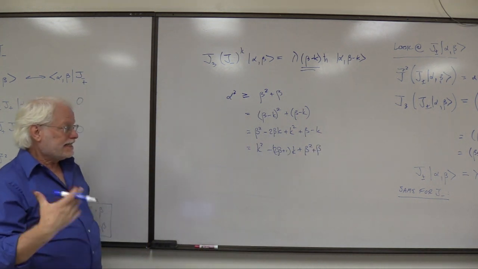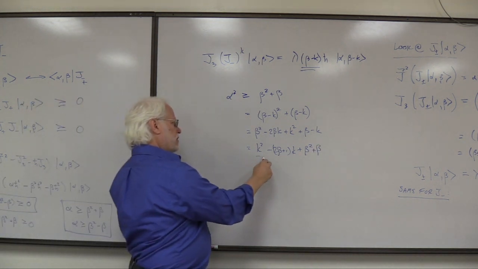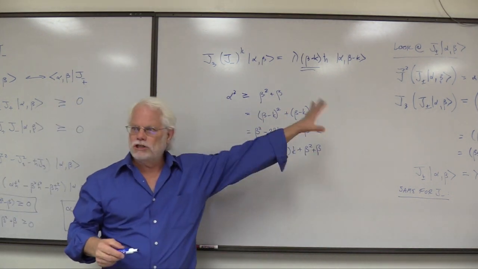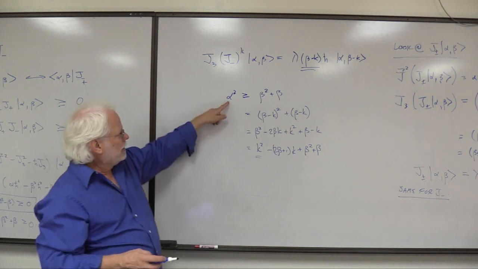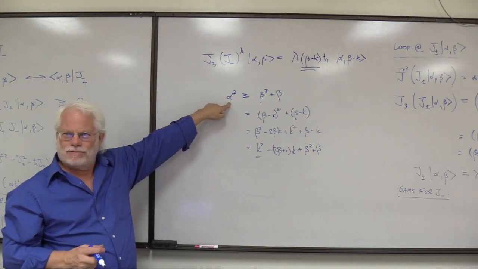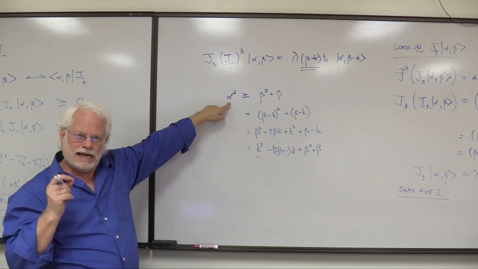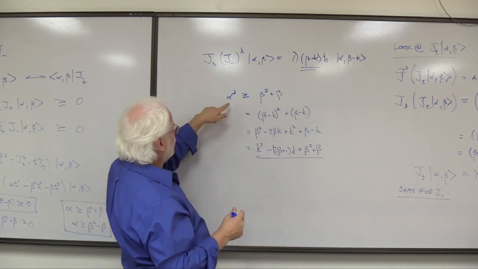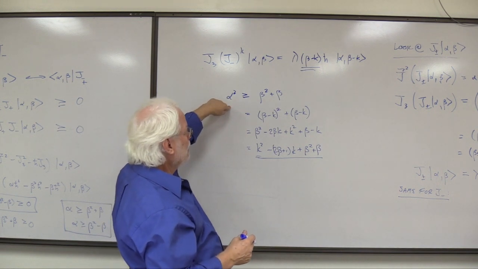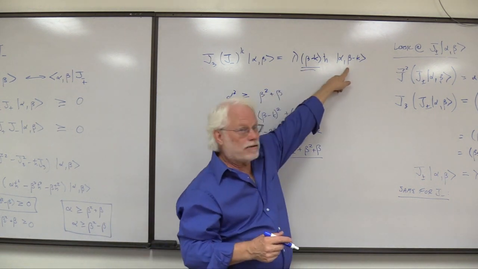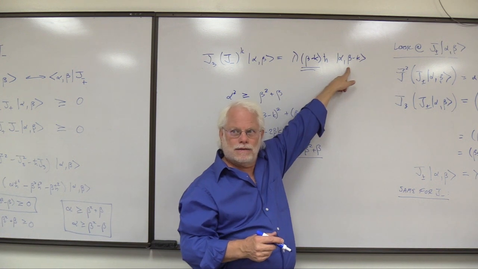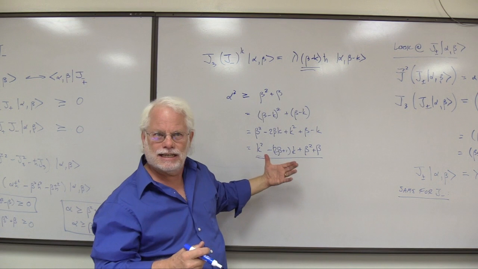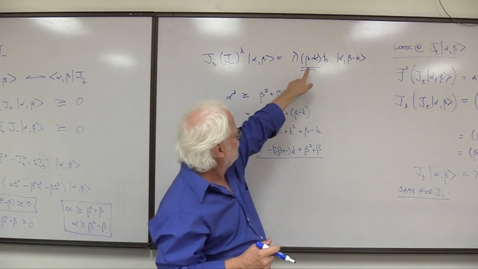Now, as K increases, this K squared term dominates, and we can make this side as large as we like. But eventually it's going to run into alpha, and so we can't go any further. As soon as this side becomes larger than alpha, it's not possible to generate a new state, because we'd get something that violates this inequality. That can't be the case.